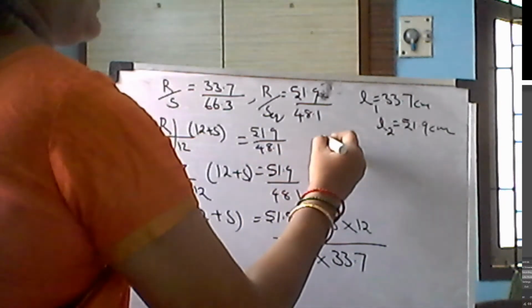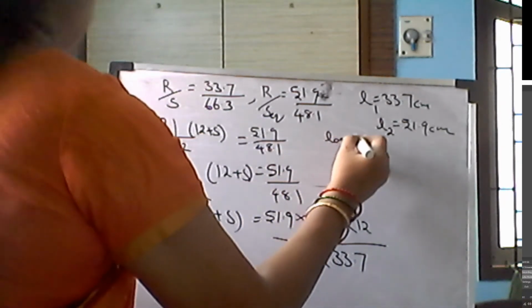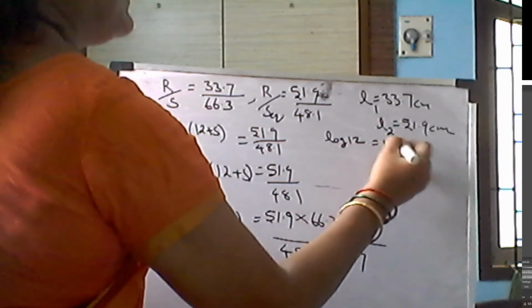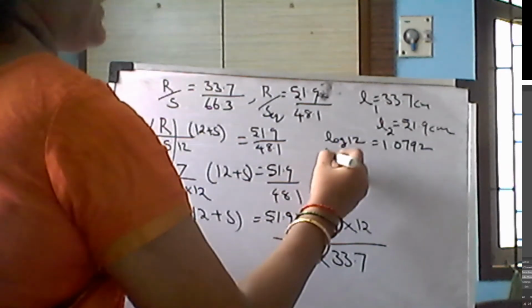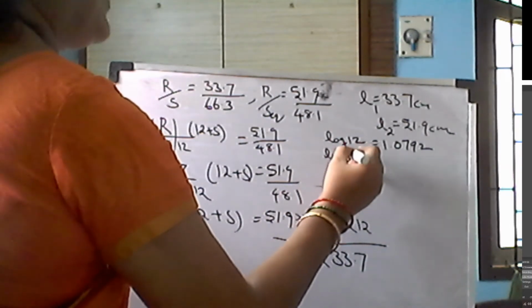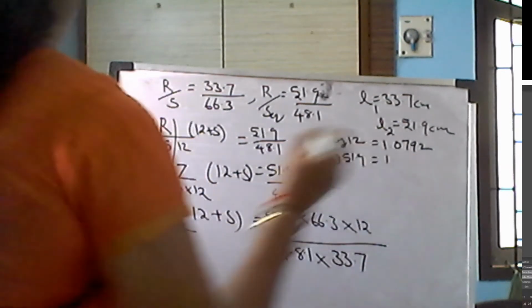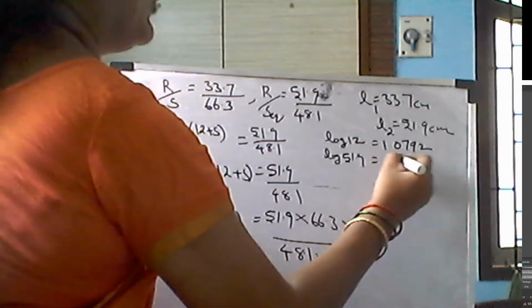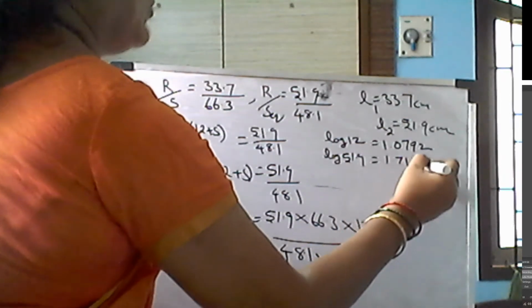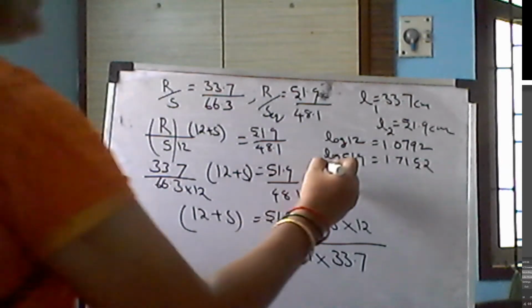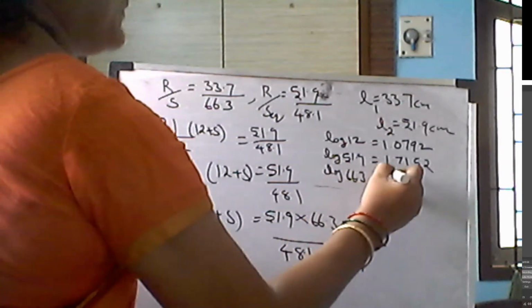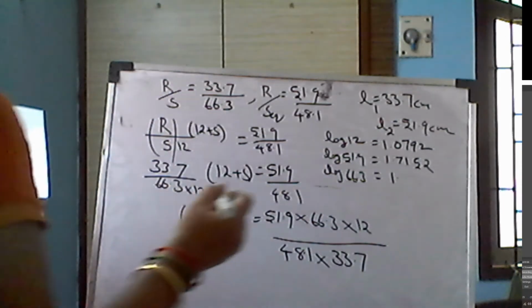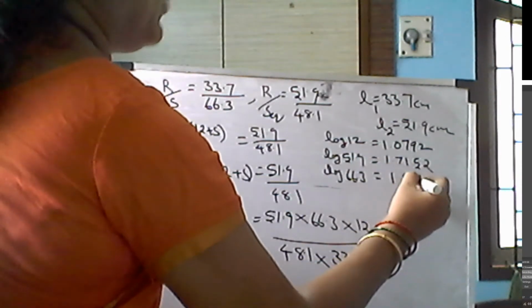So log 12 is 1.0792, log 51.9 is 1.7152, and log 66.3 is 1.8215.